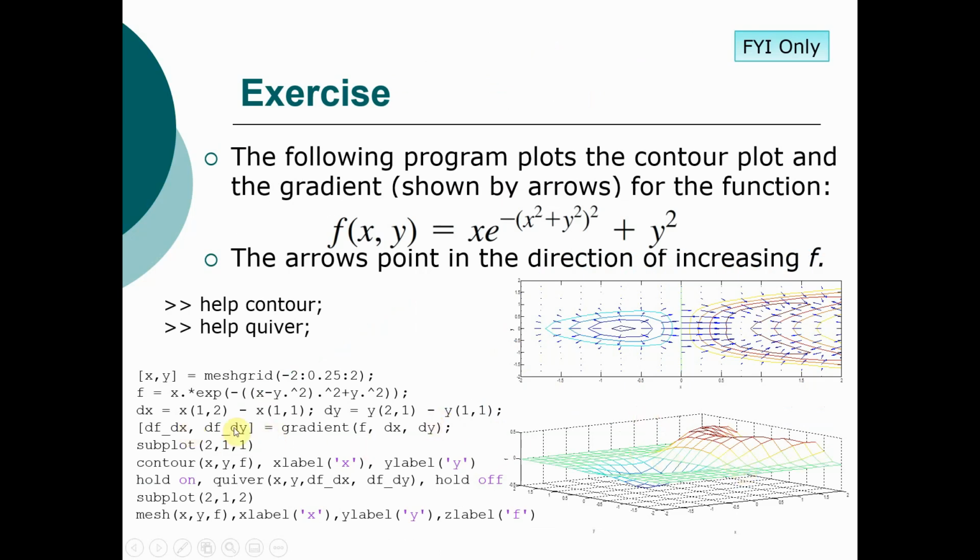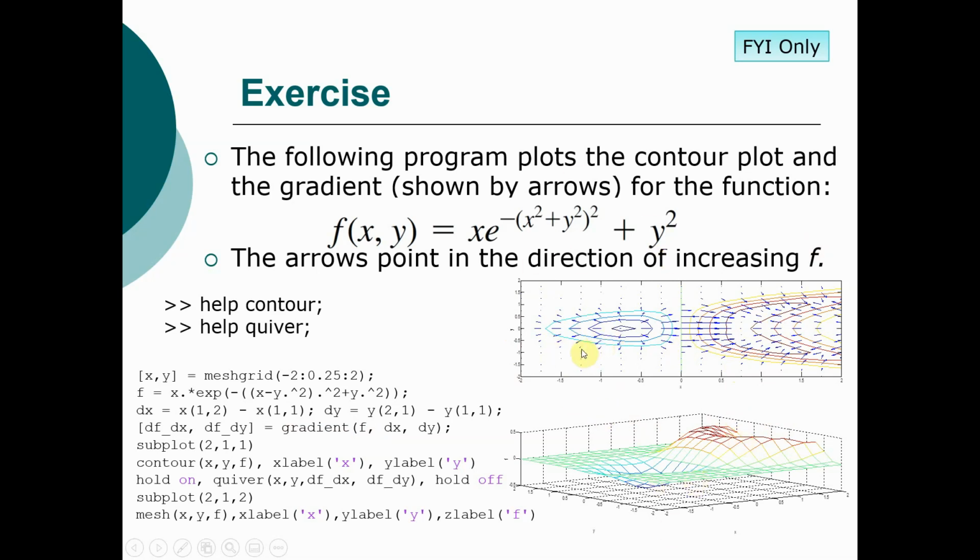This slide is for your information because this is multivariable calculus, but this shows an example of gradient, and one of the nice plots that you can have to show the behavior of a function is using these arrows. It shows how fast or how slow the function is changing and in what direction.